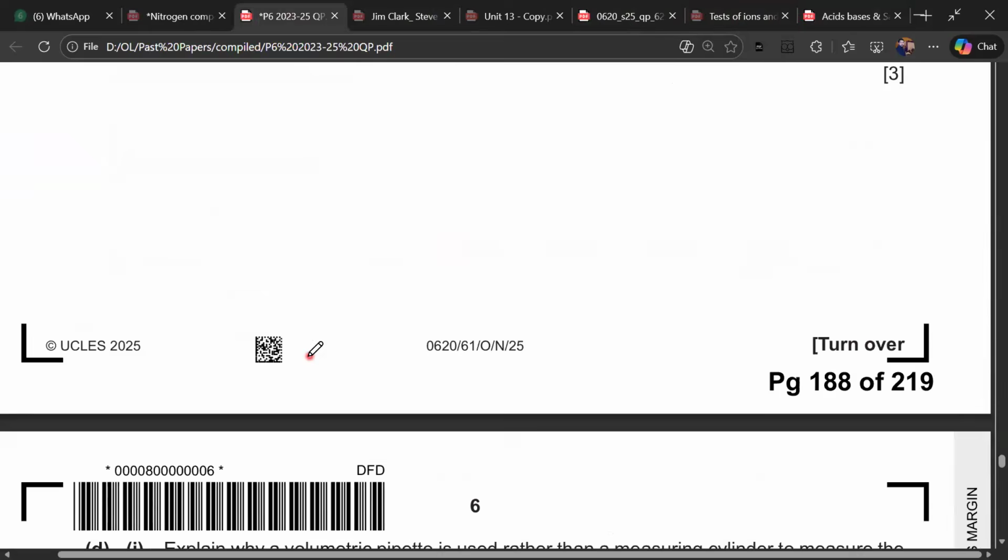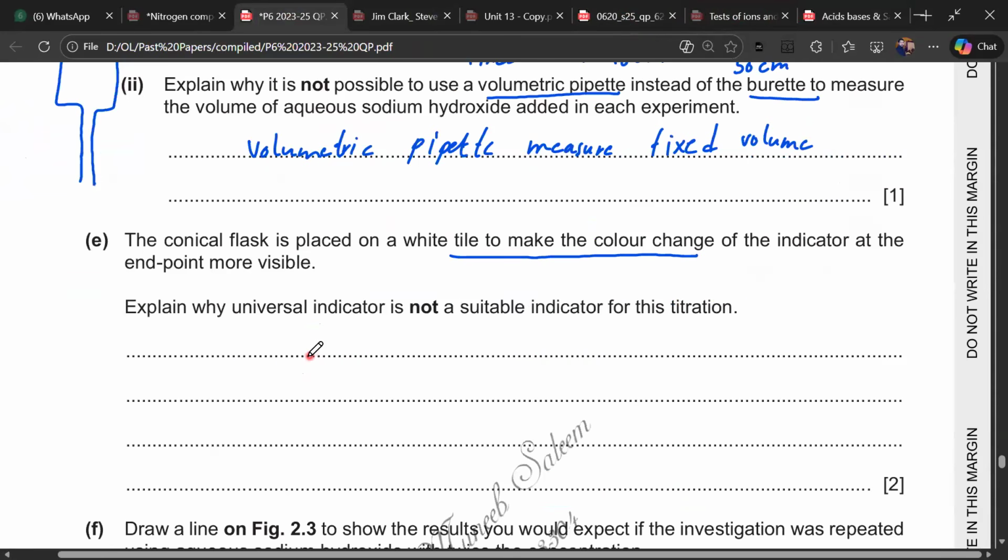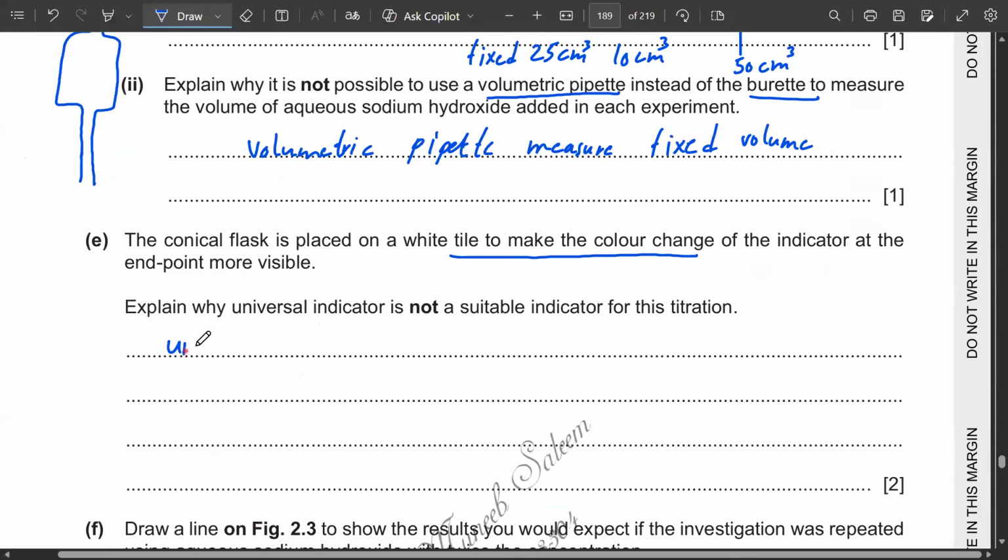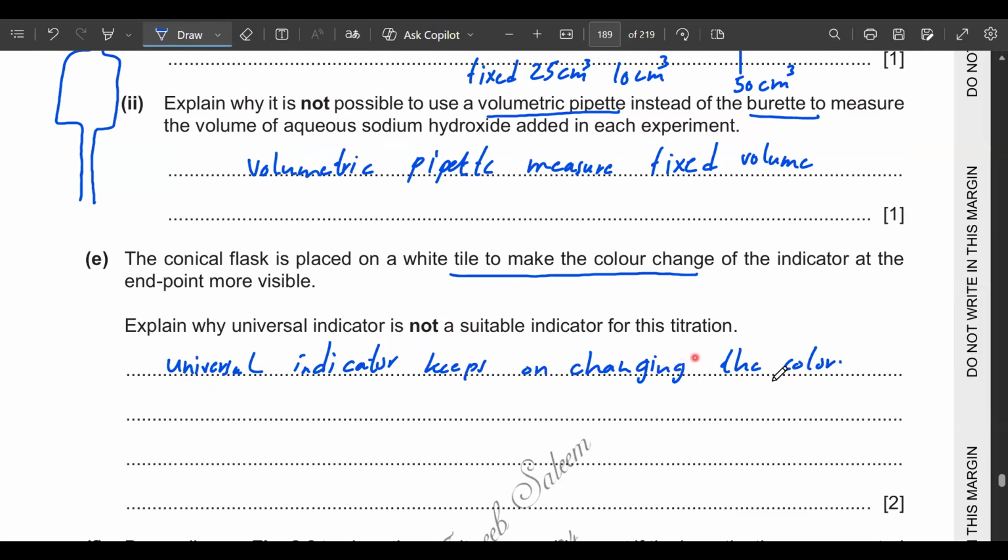So your answer will be this: universal indicator keeps on changing the colors. You can also say it has more than 2 to 3 colors.